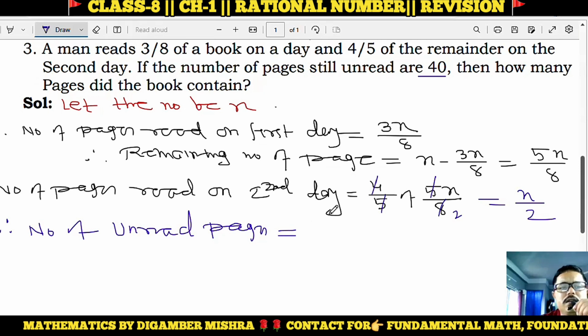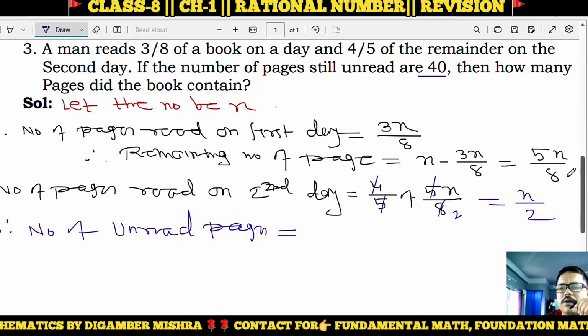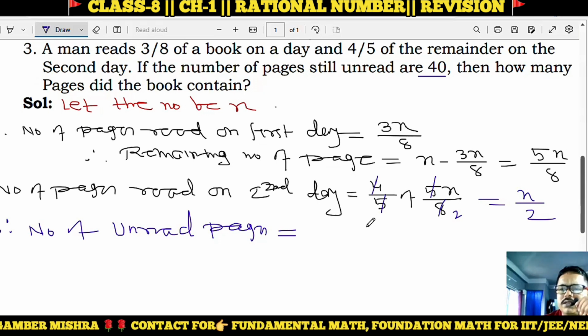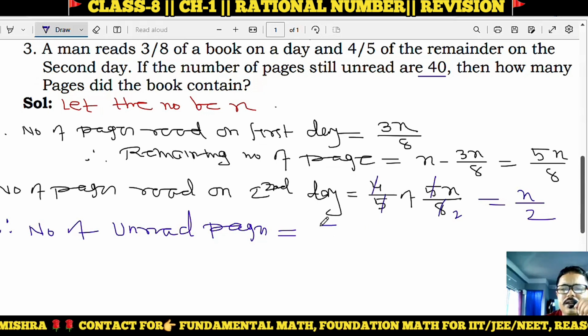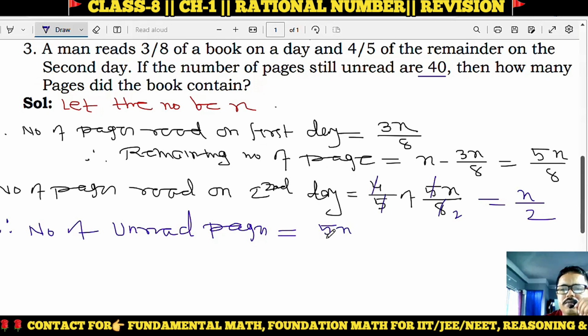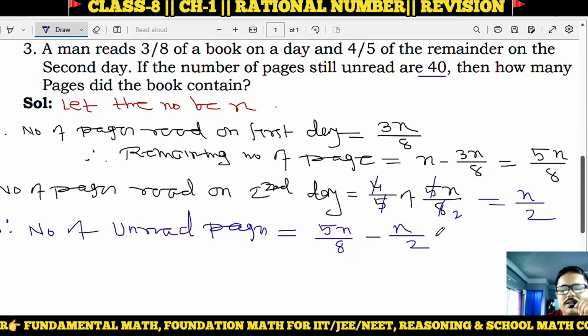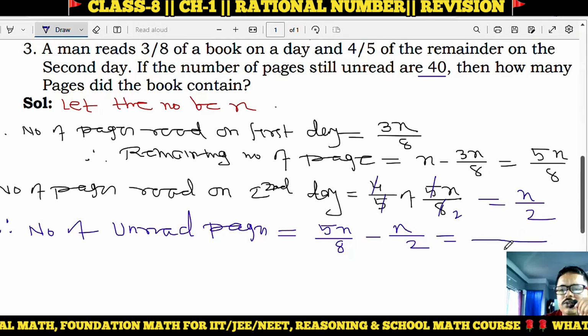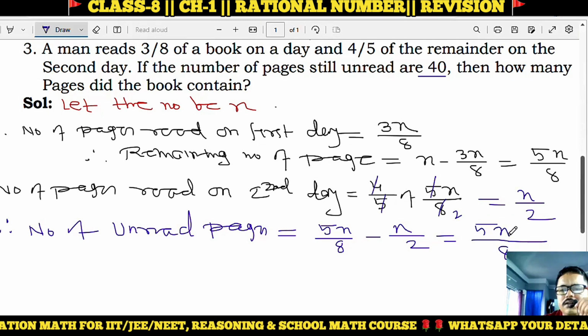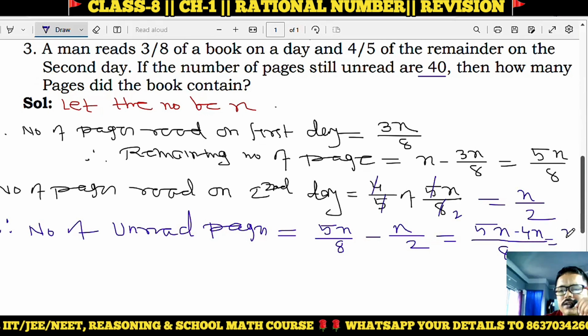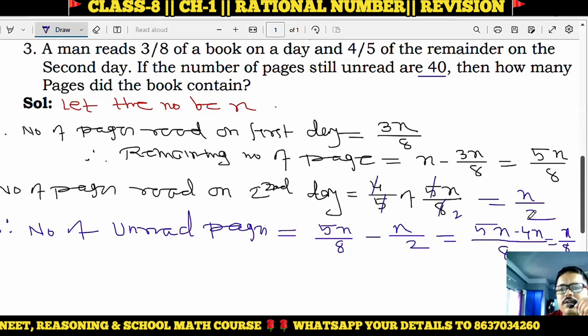See, the remainder pages were 5x upon 8, and from 5x upon 8, x upon 2 pages are again read on the second day. So from the remaining 5x upon 8 we will subtract x upon 2, and that many pages will be left, which are not yet read. So the LCM of 8 and 2 is 8. So here it will be 5x, 2 fours are 8, so 4x, and in this way it's coming x upon 8, right?